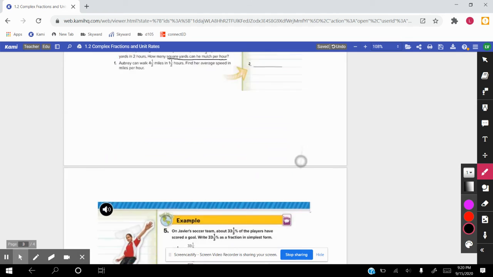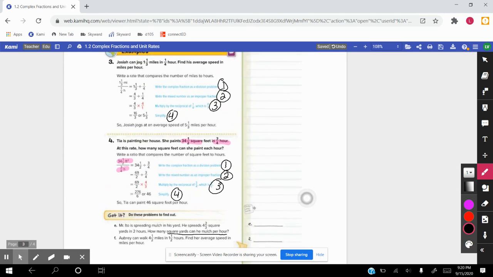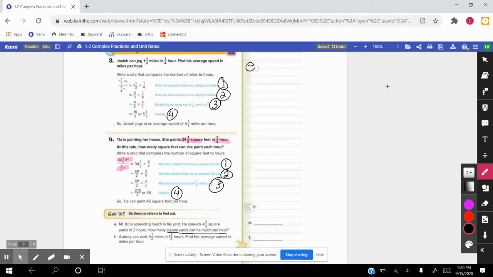All right, letter E. We're going to take 4 2/3 square yards divided by 2 hours.